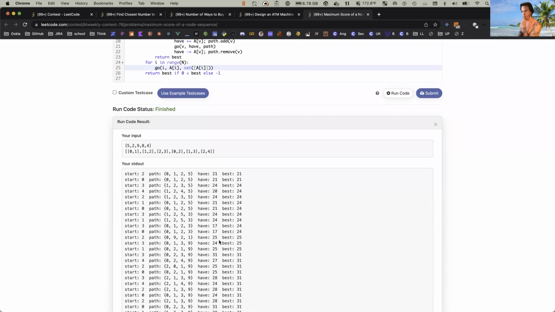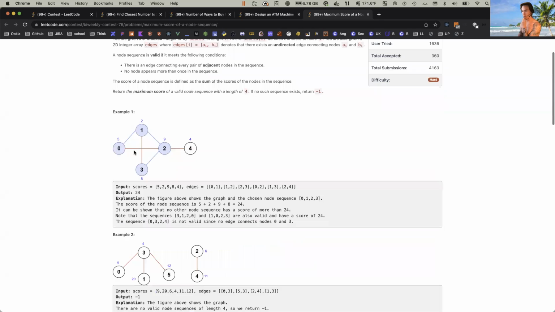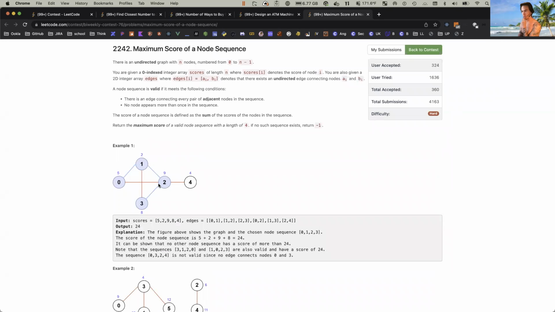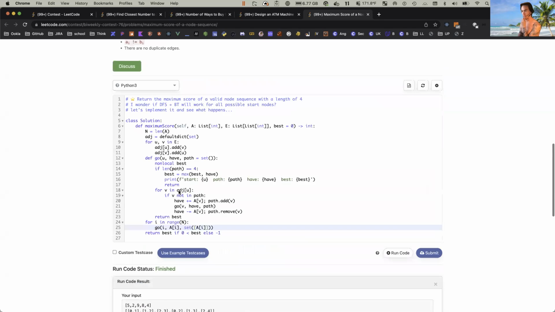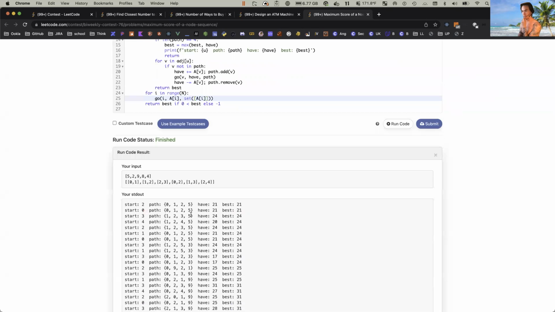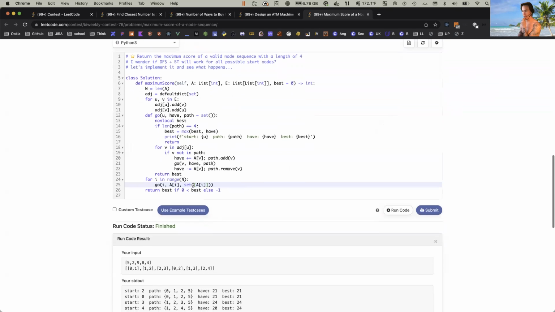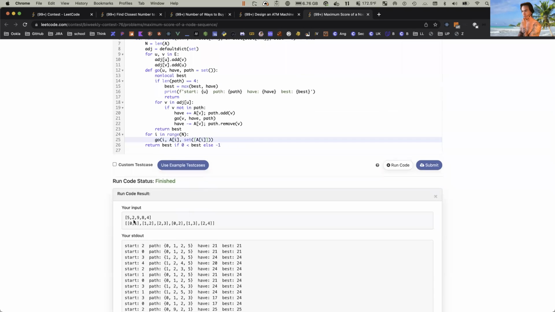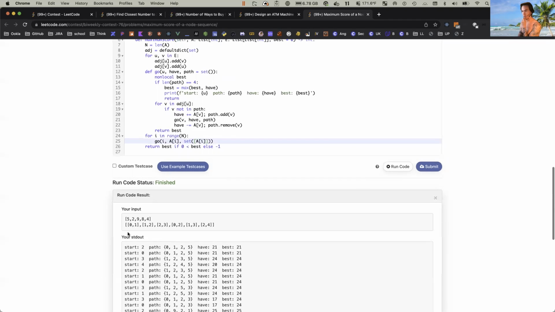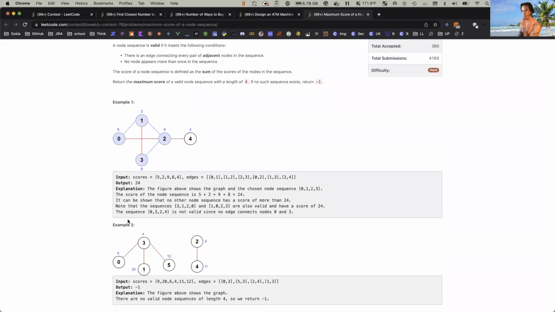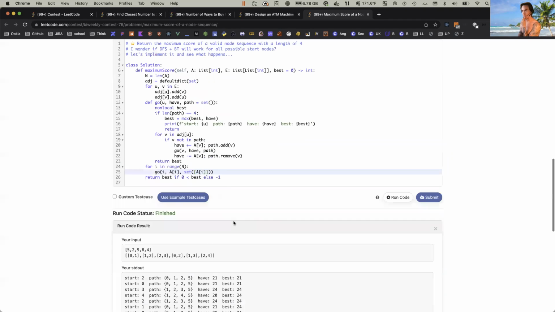Zero, 1, 2, 5. 0, 1, 2. There's no 5. What? 0, 1, 2, 3, 4. And there's 5 edges, but then there's only 0, 1, 2, 0 through 4. Something's not right.